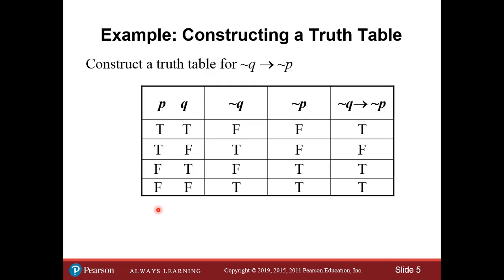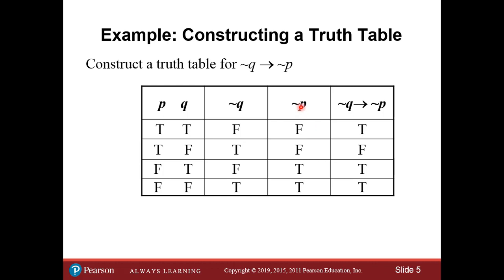So now we construct a truth table for this implication by first setting up the possible combinations, just like before. So TTFF, TF, TF. And then now that we're dealing with negations in here, let's just make two more columns with the negations. So the negation of Q is FTFT. The negation of P is FFTT.